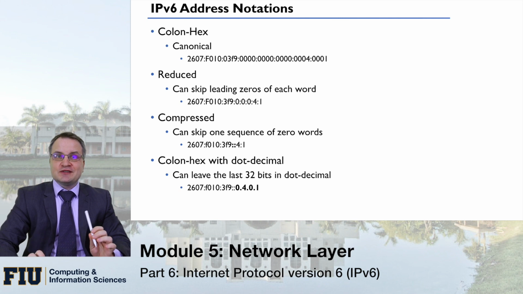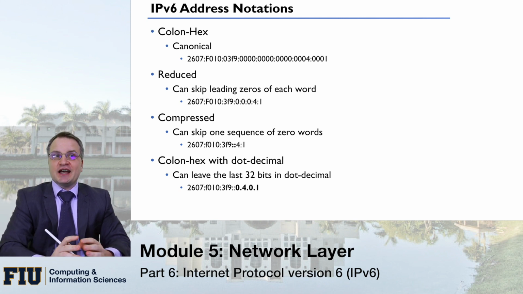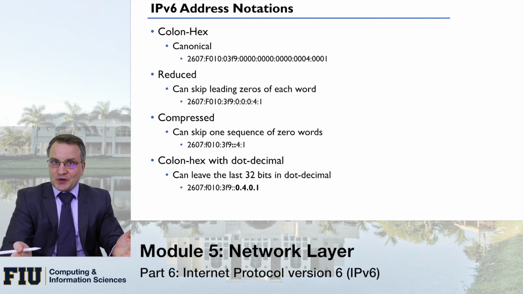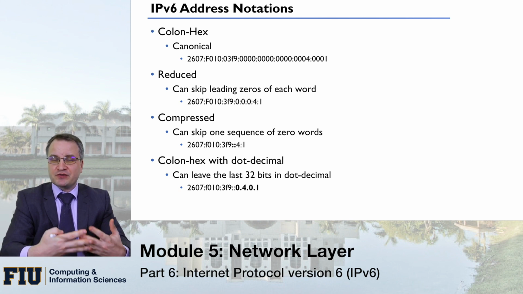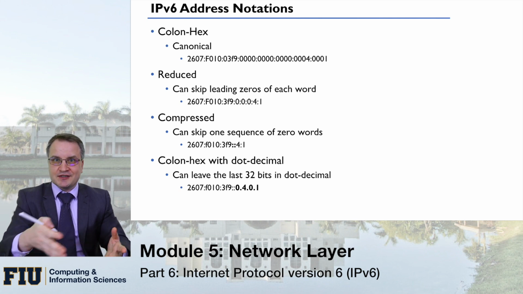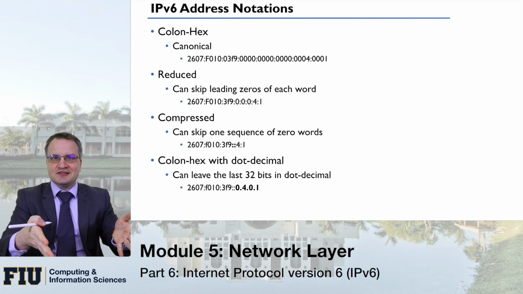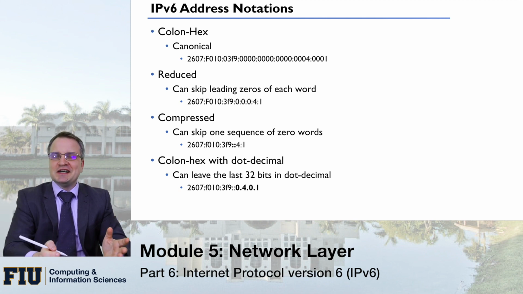To move to a slightly different topic, the address notation. We have 128 bits to represent an IP address, which is 4 times more than an IPv4 address. So people tried to invent a slightly different notation to simplify writing addresses. Instead of just using many digits separated by dots, they decided to simplify things.